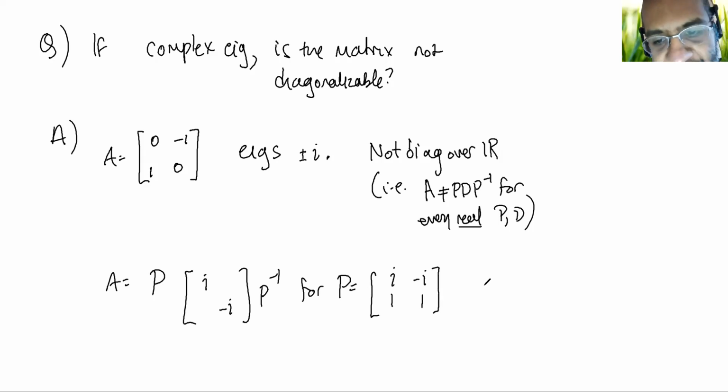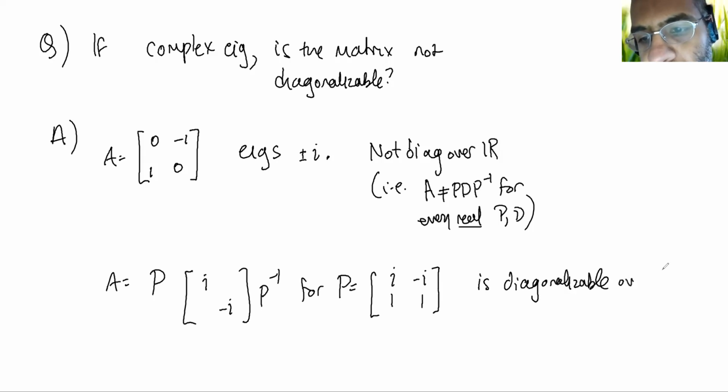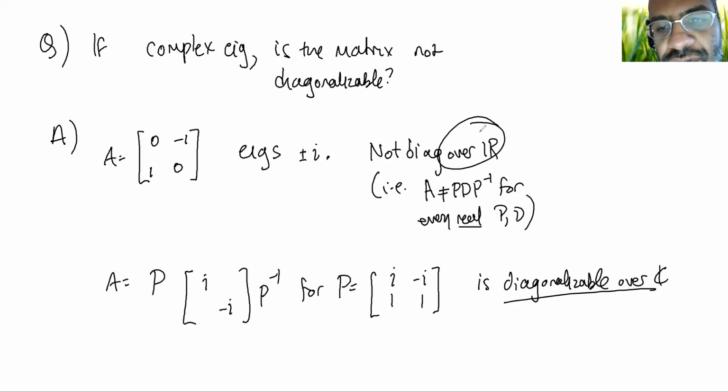So it is diagonalizable over C. Over R means with real matrices, over C means with complex matrices. So the answer to your question is, it depends on what kind of diagonalizability you're looking for. Often, algebraically speaking, this is good enough. And that's the reason for introducing complex numbers. There are many matrices that can be diagonalized if you use complex numbers, not without. Does that answer the question?